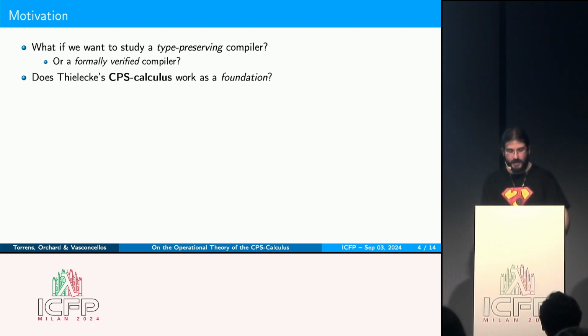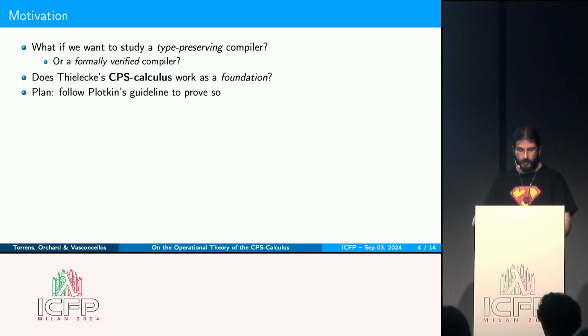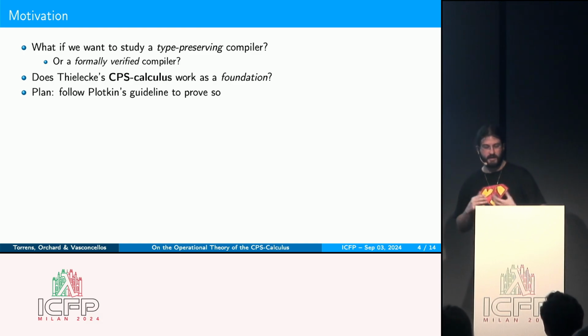We're going to take Thielecke's CPS-calculus. That's a very small theory based on the IR from Appel's compiler. And we're going to check if it can be used as a foundation for such IRs. How are we going to do so? In '75, Plotkin proved something that nowadays we take for granted, that the lambda calculus is related to functional programming.